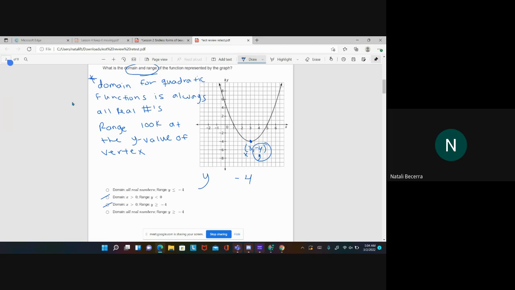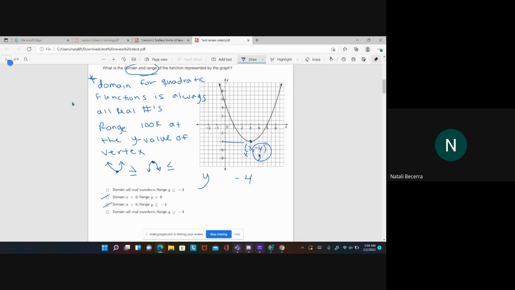Well, whenever you have a graph going up and the vertex is at the bottom, then it's going to be a greater than or equal to. But if it's a graph going downward and the vertex is at the top, then this is going to be a less than or equal to. Another way to think about it is you start here at -4, right?